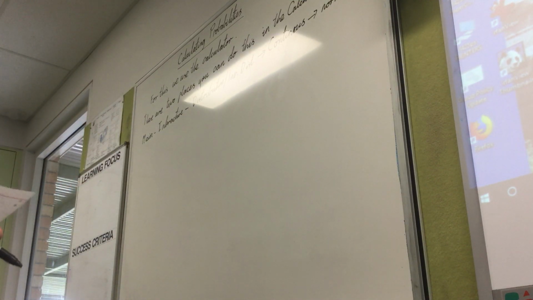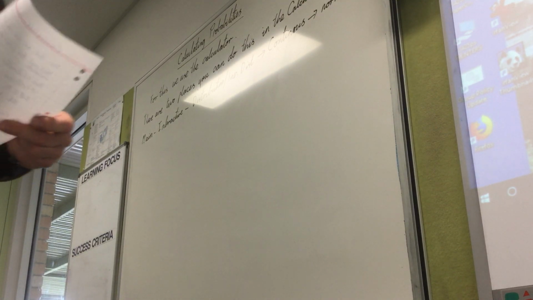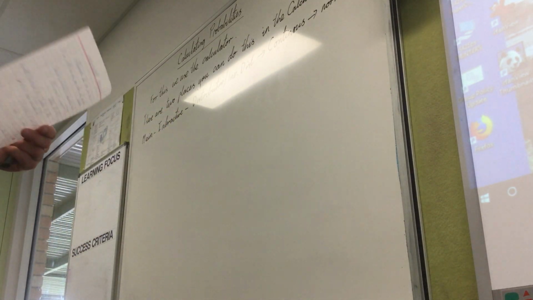So main screen, interactive, distribution infdist, continuous, and then norm CDF. And then you get this stuff. Right, so let's have a look at an example.